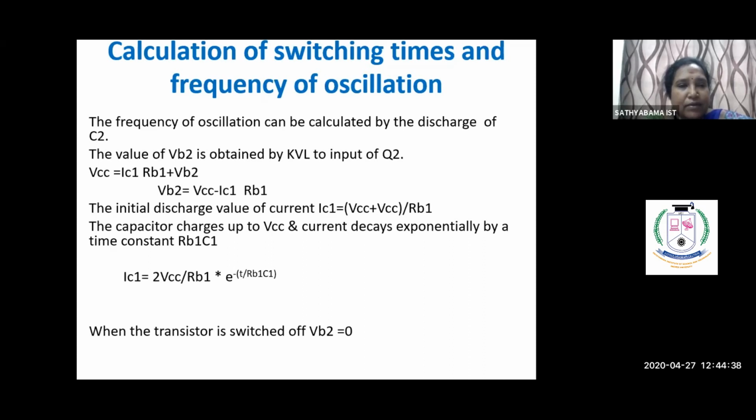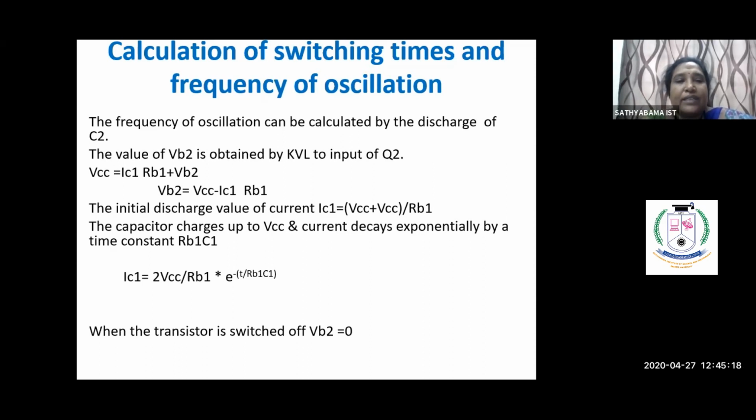So VCC is equal to the drop across RB1, which is IC1 into RB1, plus the voltage drop VB2. From this equation we can calculate the time. Rewriting, VB2 is equal to VCC minus IC1 into RB1. After that we define the IC1 value. The initial discharge value of the current IC1 is equal to VCC plus VCC divided by RB1, that is twice VCC divided by RB1.